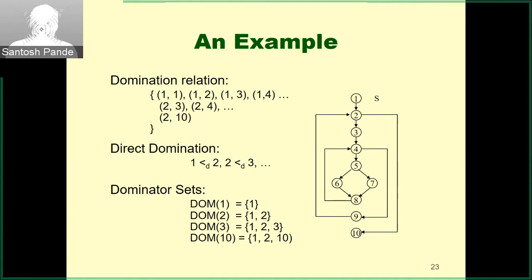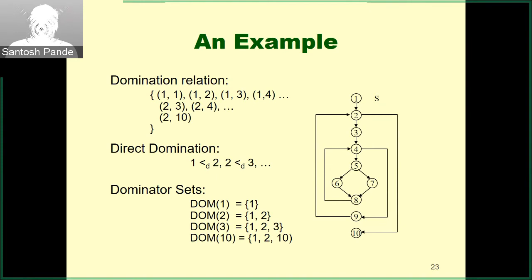They form, let's say, a control flow graph, and 5 being the root of this small CFG. And I'm interested in finding out the dominators for 8 here. So you can easily see here that, first of all, 8 dominates itself. So we can include 8 in its dominator set. DOM of 8 will have the node 8 in it.